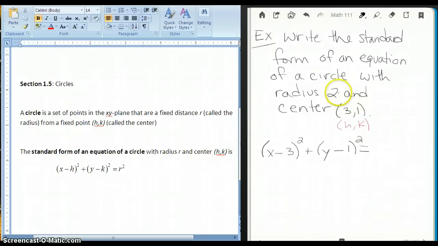What is r? Remember r is my radius, so it's 2 squared. Of course you can write 2 squared as 4 if you like, but this is also perfectly fine.